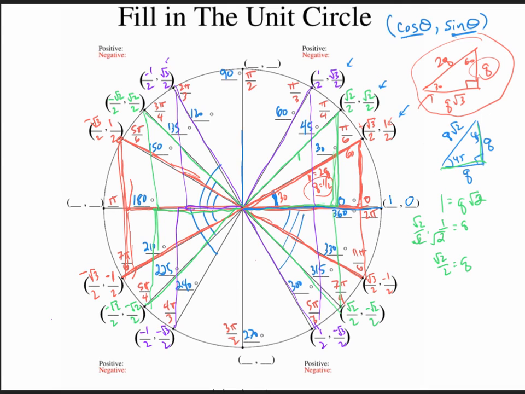If I do the same thing at 90 degrees, I've gone up 1 and I've gone to the x value, none. So it's 0, 1. And I can do that all the way around. Now, this is the unit circle completely filled in, and we're going to talk about in the next video how to actually use this.